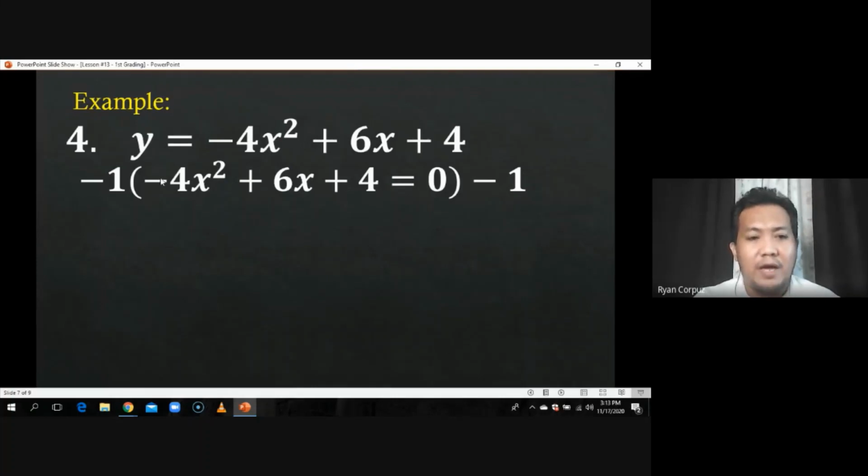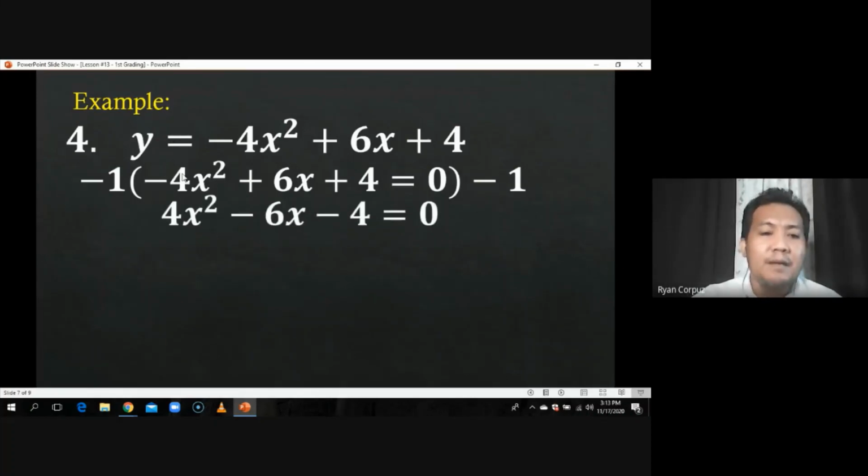So since your a is negative, to make it positive, we're going to multiply both sides of the equation by negative 1. So it will become, from negative 4x squared, magiging 4x squared now. From plus 6x, that will be minus 6x. Then from plus 4, magiging minus 4 equal to 0.